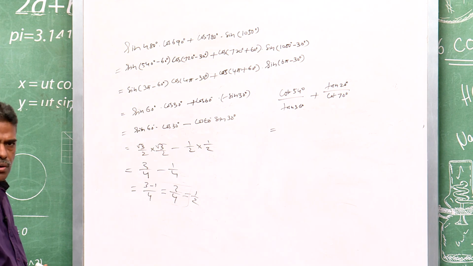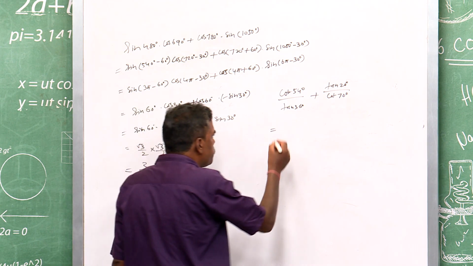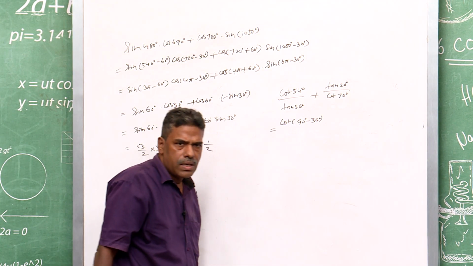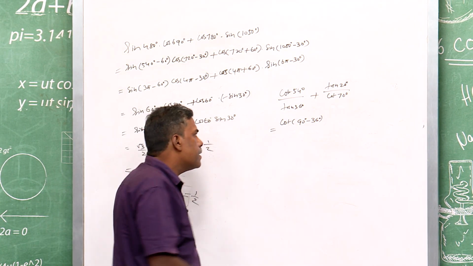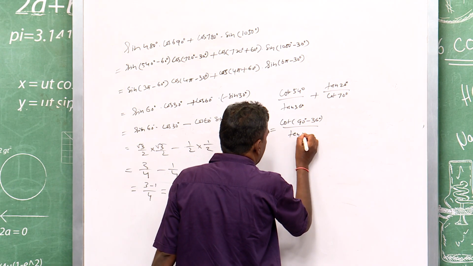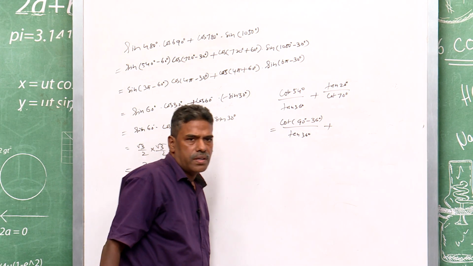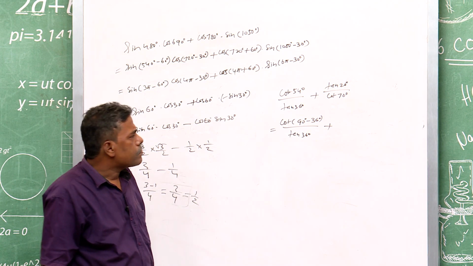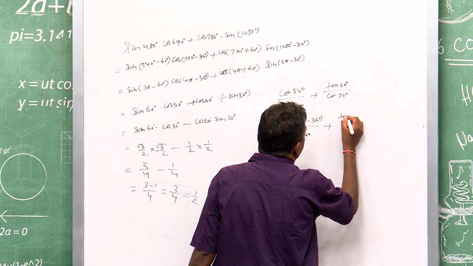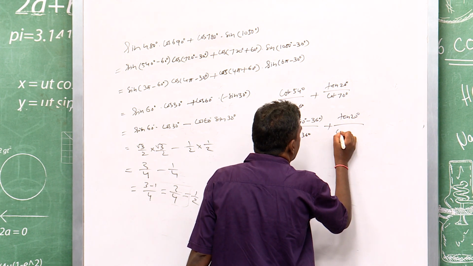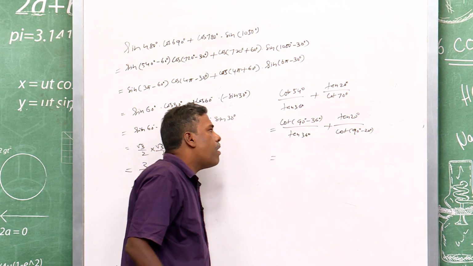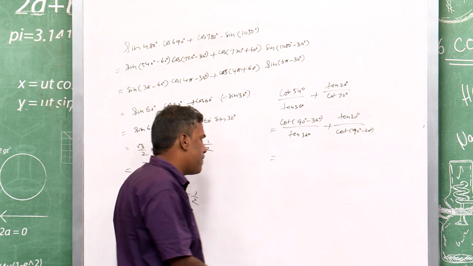So, cot 54° is cot(90° − 36°), divided by tan 36°, plus tan 20° divided by cot(90° − 20°). Now cot(π/2 − θ) is equal to tan θ.